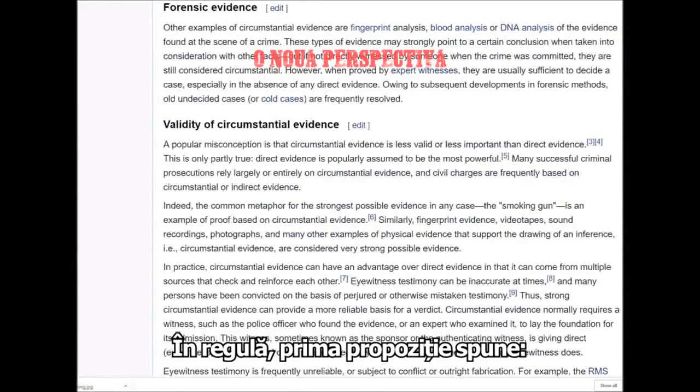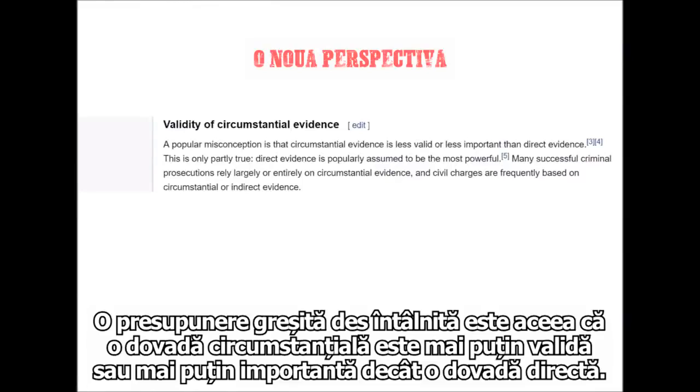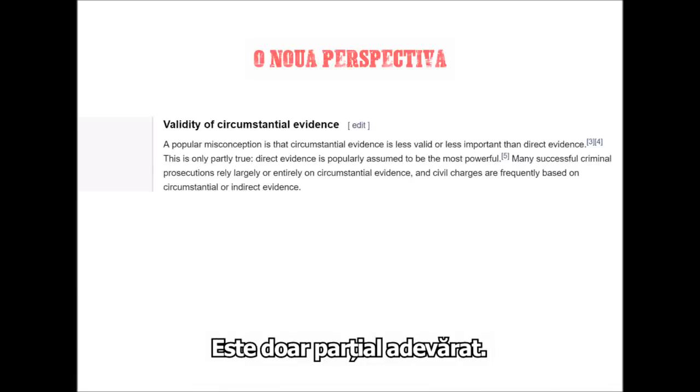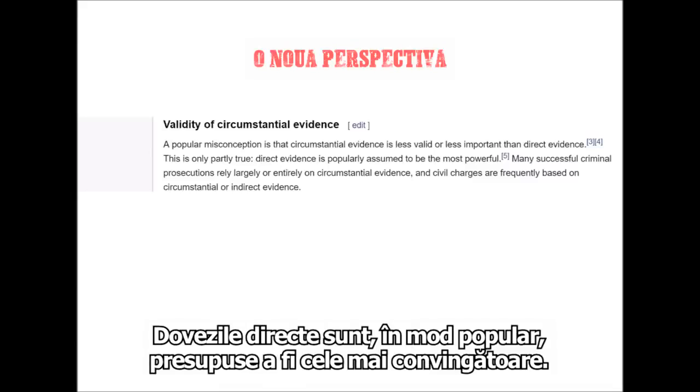Okay, so the first sentence here says, "A popular misconception is that circumstantial evidence is less valid or less important than direct evidence. This is only partly true. Direct evidence is popularly assumed to be the most powerful.